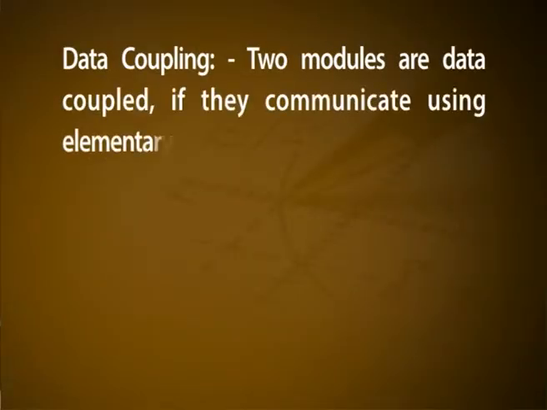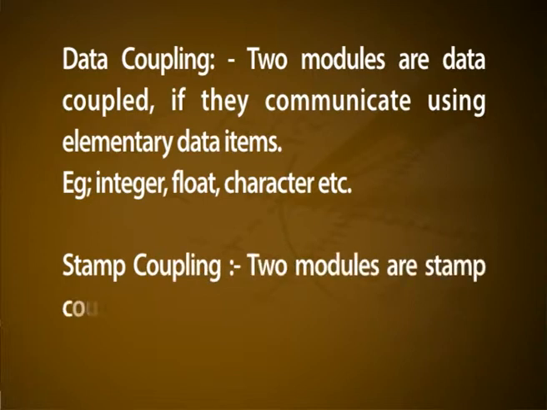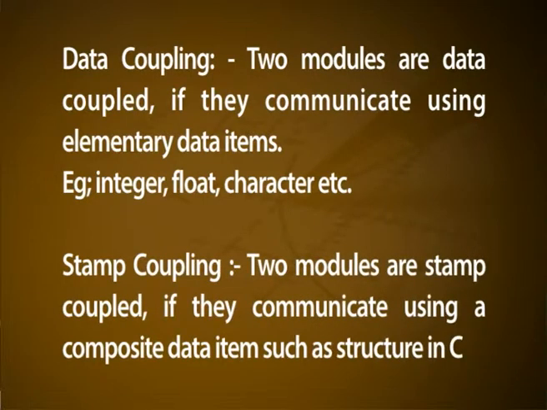The different types of coupling that exist between two modules are: data coupling, that is, two modules are data coupled if they communicate using elementary data items, for example, integer, float, character, etc. Stamp coupling.